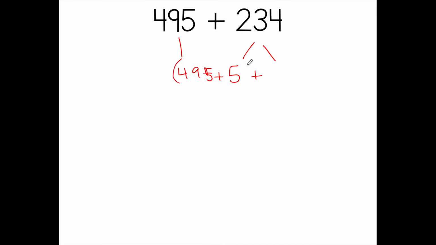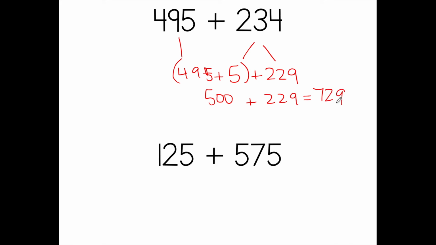So if I break 234 into 229 and 5, that's a way to compose 234. Now I've got something that I can do in my head. So that would be 729. All right, let's look at another one.